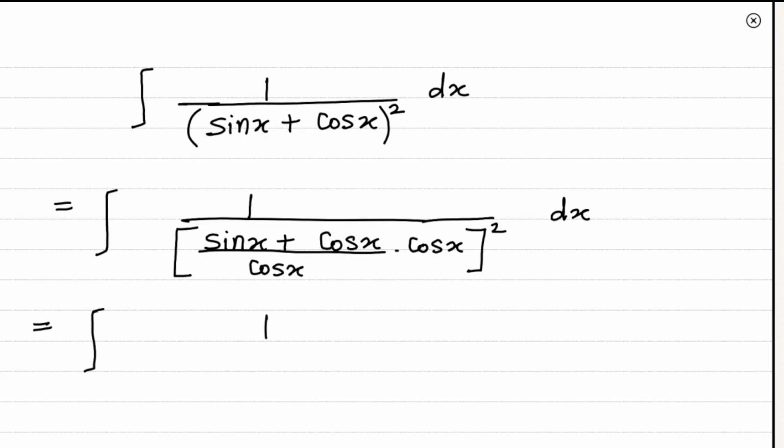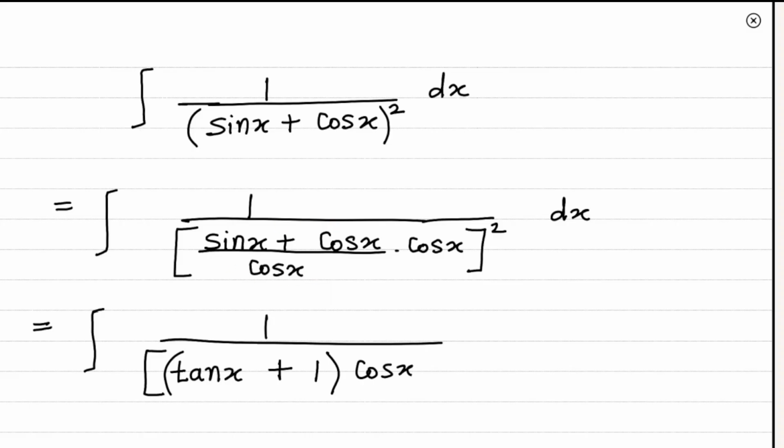So we have integral of 1 divided by, okay, here when you give this cos to this sine, the sine over cos will become tan. So you have tan x plus this cosine x divided by cosine x will become 1, okay, and you have this whole thing getting multiplied with cosine x and there is a square here, don't forget that, and you are integrating with respect to x.